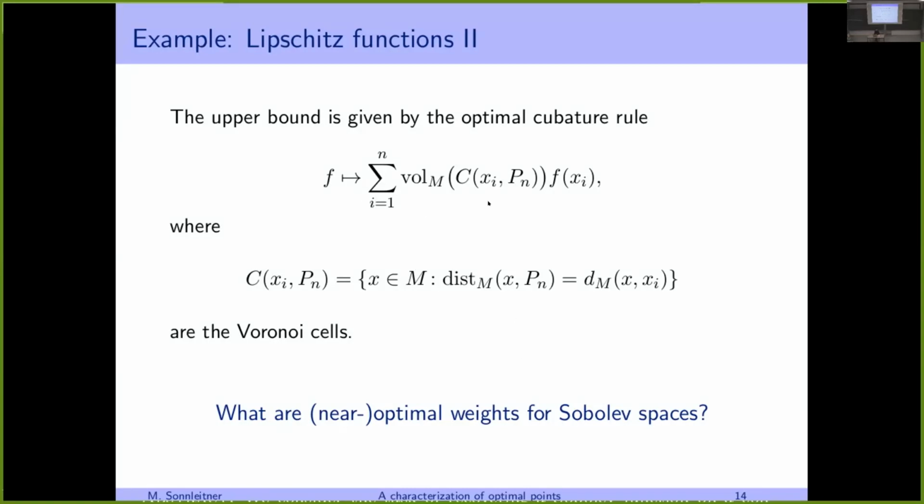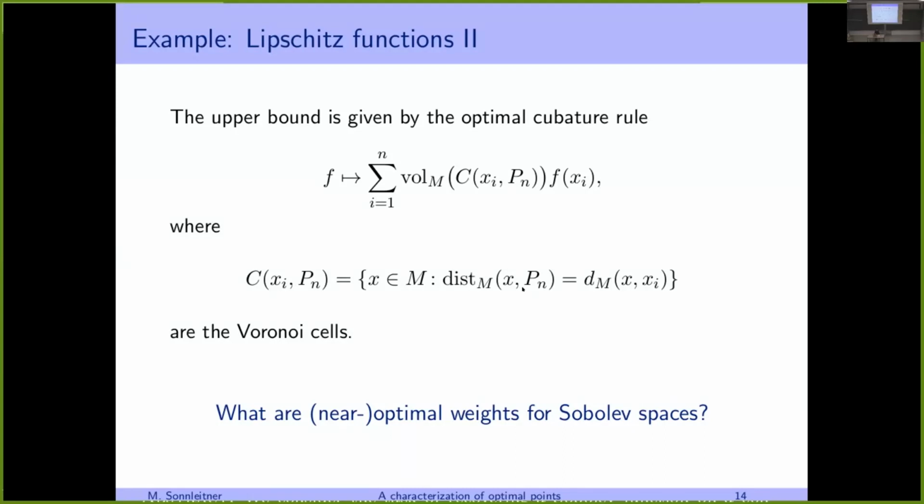Namely, one can take as weights the volumes of the Voronoi cells of this point set. And this is because the Lipschitz functions cannot grow faster than the distance away from the point set. And it makes sense to split up the domain, so the manifold in this case, into these Voronoi cells defined here.